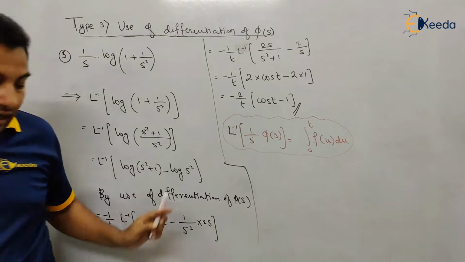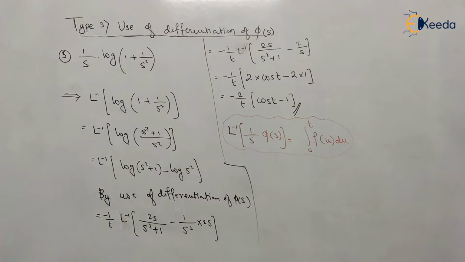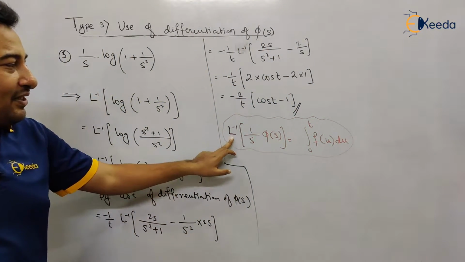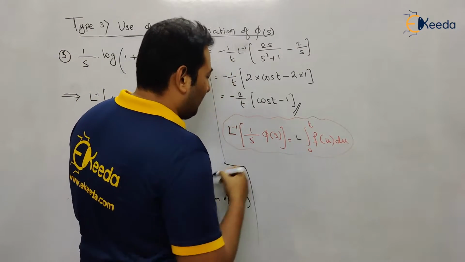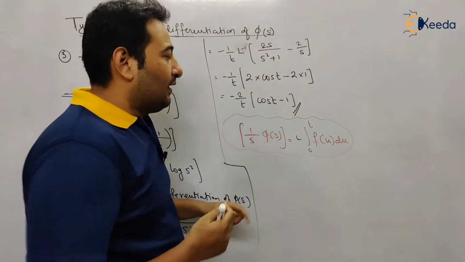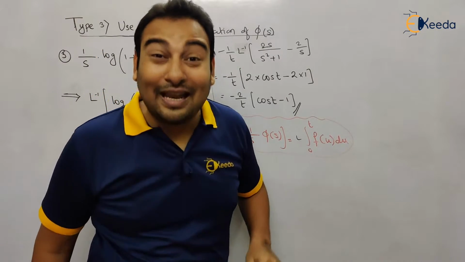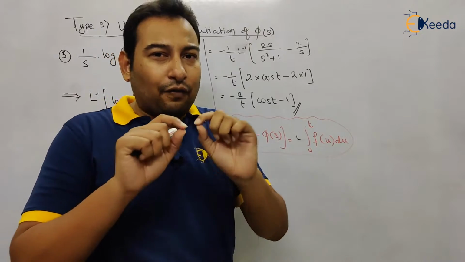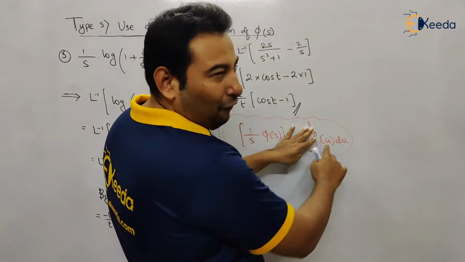I'll explain you, don't worry, how the formula came, and few students might have already got how the formula came. See here, it's very simple. Suppose this Laplace inverse goes to that side, that will become Laplace. And remember this Laplace of 0 to t, this is which property? Laplace transform of integrals. So what we do in Laplace transform of integrals, we forget about the property. You are left with f of u.